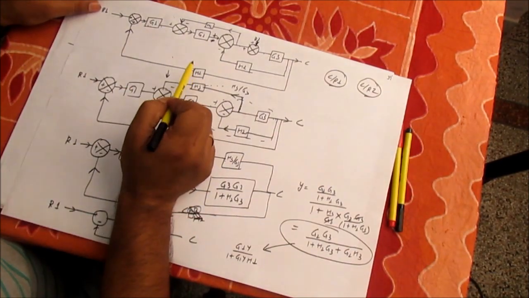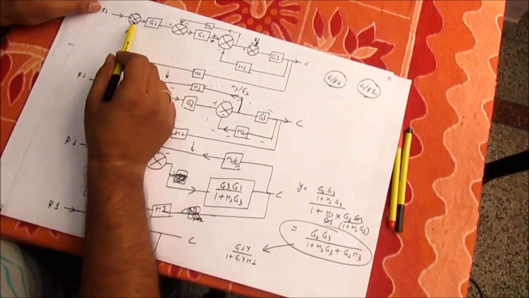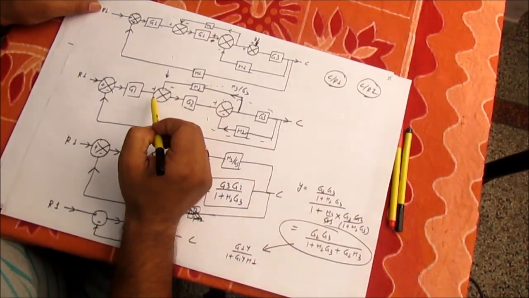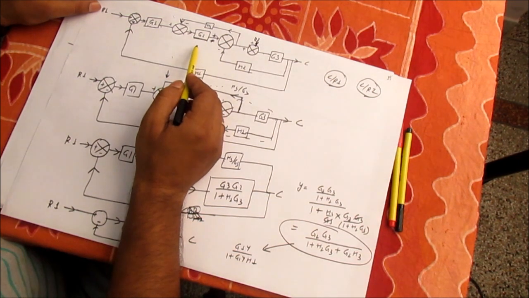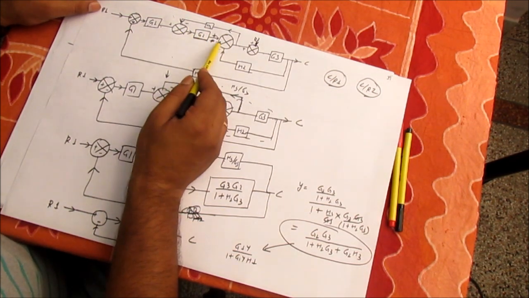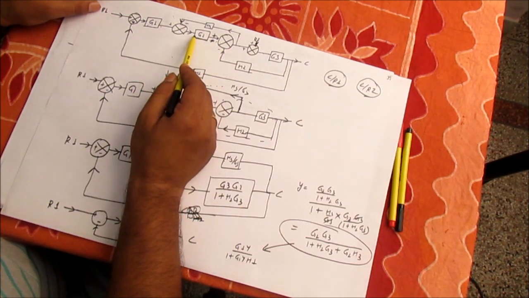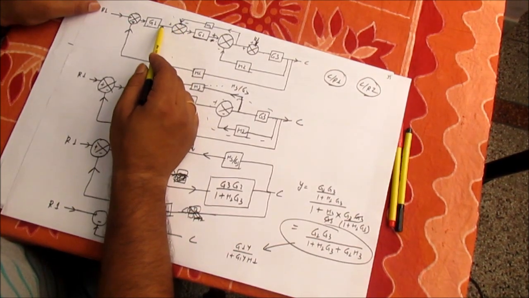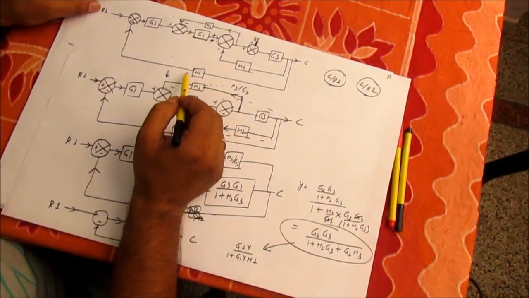So the first step is that we will remove this summing amplifier and multiply H1 by G1 with this negative sign, so it will be minus G1 H1. And second, here we have a block G2 between these two summing amplifiers. So I can place this G2 block behind this summing amplifier, so G2 and H1 will be in series.